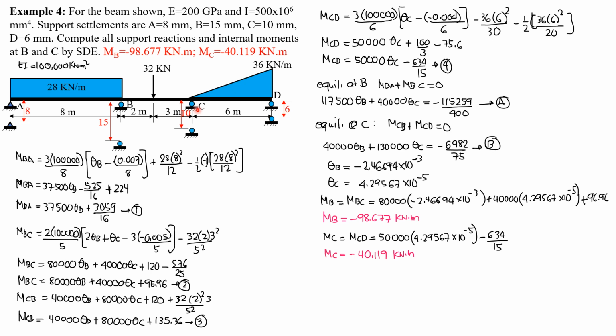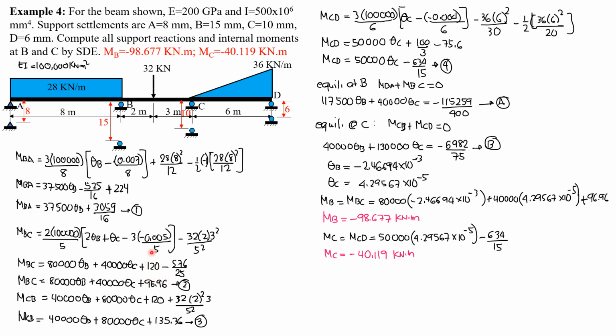MBC. BC is an interior span, so we expect moments at B and C. So the formula is 2EI, 2 times 100,000 over L, 5, quantity 2 theta near, 2 theta B plus theta far, theta C, minus 3 times delta over L. Delta is treated negative here, 5 mm the difference, or negative 0.005, because the chord joining BC is rotating counterclockwise.